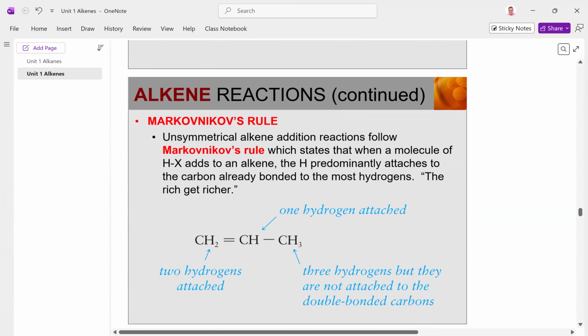Now, sometimes when we get a mix, we don't know which one is more stable. And there's two properties of molecules that you need to consider in determining which is more stable. One is called Markovnikov's rule.